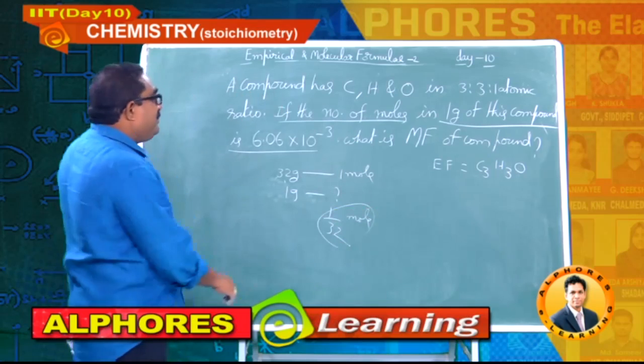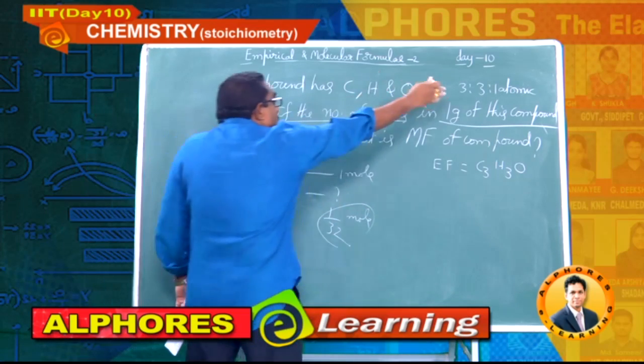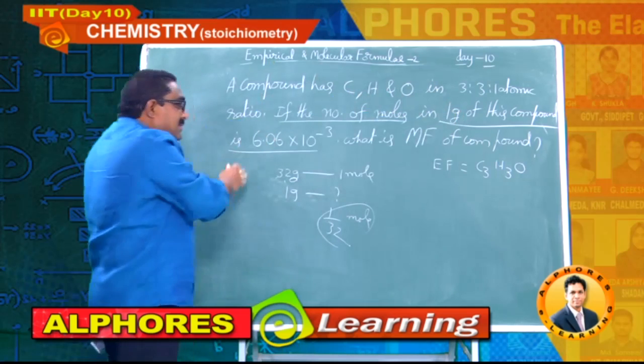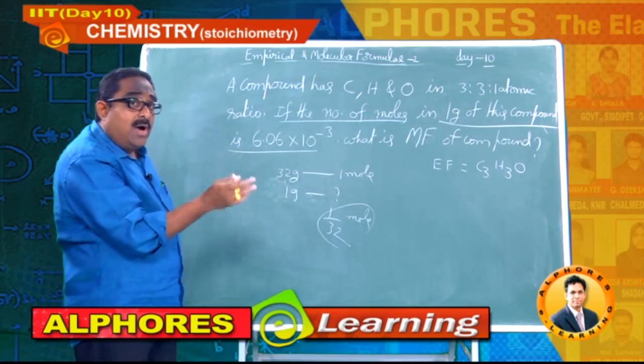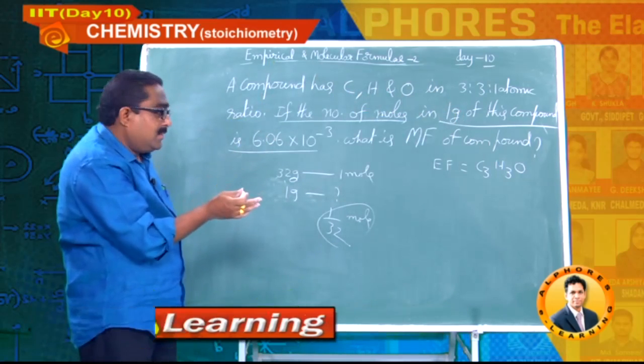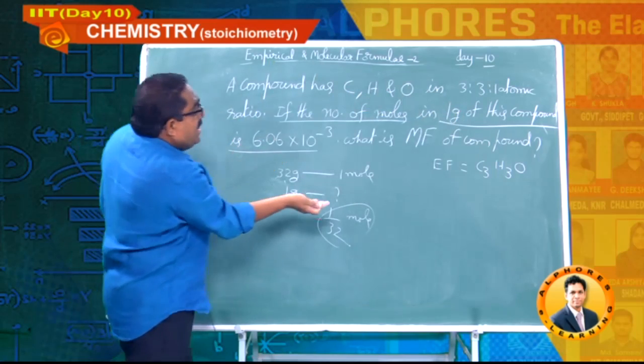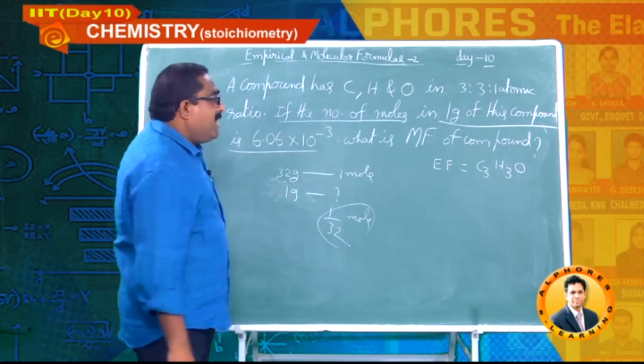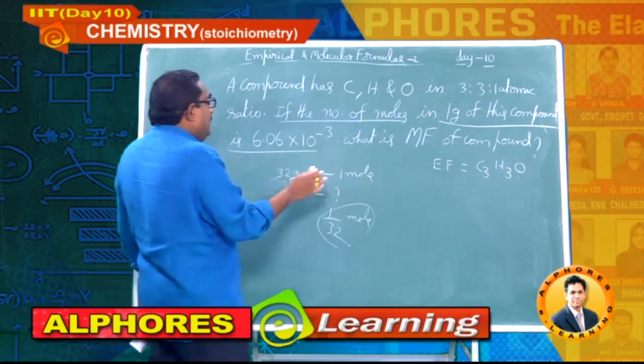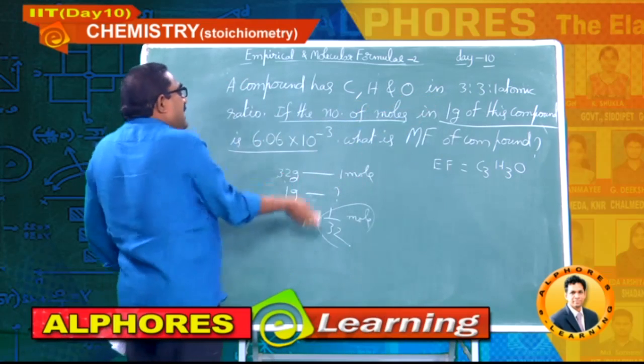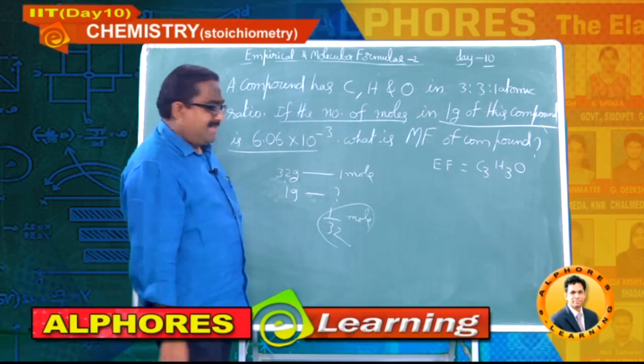So similarly, he has given 1 gram of compound is this. If you want to get molar mass, you have to take the reciprocal of it. The moles in 1 gram of any substance is nothing but the reciprocal of its molar mass.